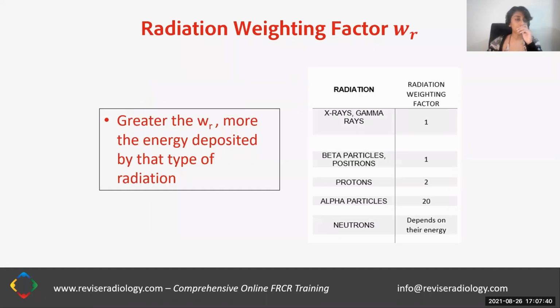Another important term which is useful for us to know in this regard is that of radiation weighting factor. This just describes the energy deposited by a certain type of radiation. As we notice here in this table, X-rays and gamma rays have a radiation weighting factor of 1, and then it goes all the way up to alpha particles, which have a radiation weighting factor of 20.